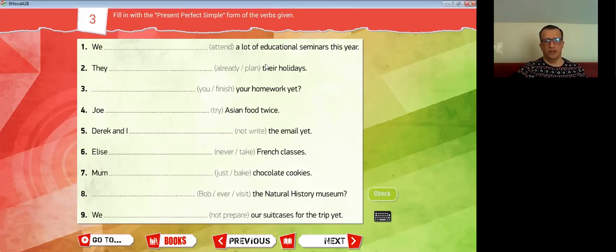Okay, when we look at the sentences here, for example, there's only present perfect tense. So this practice is given for you only to learn the pattern very well. You don't have to decide whether it is past simple or present perfect tense.